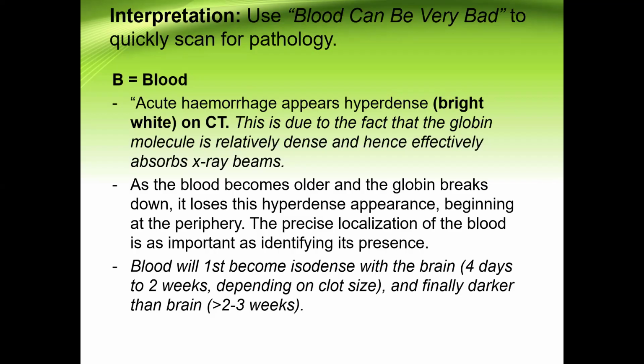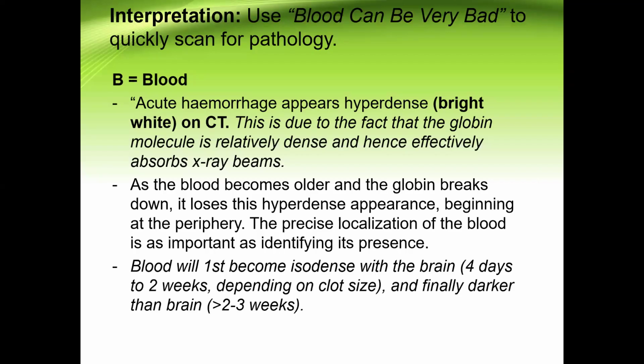Know that as the blood becomes older, especially when we look at acute and chronic hematomas, you'll see that the chronic hematomas become a little hypodense compared to the acute one. The reason is because the globin molecules have broken down and the absorption of X-ray has become a little reduced.